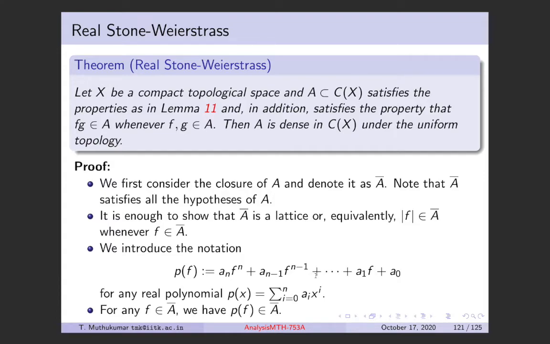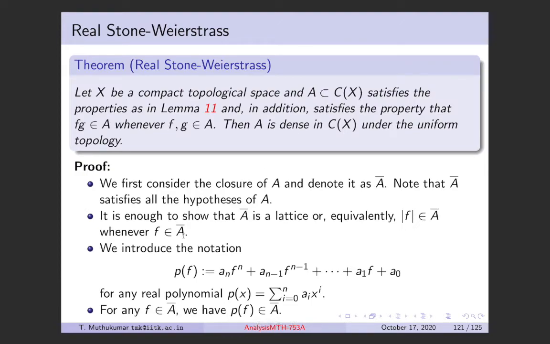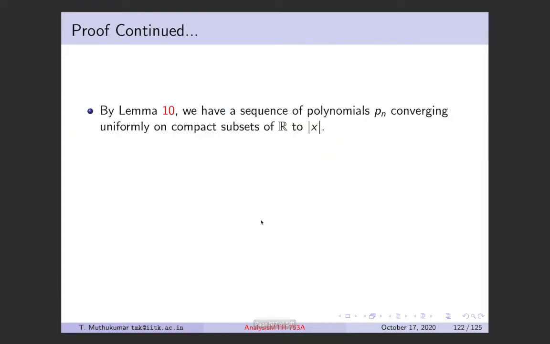Now by lemma 10, which is where we showed that we have polynomials uniformly converging on compact sets to mod x, right? So here we need to show mod f belongs to A bar. So f belongs to A bar, we have p(f) belongs to A bar, and we have these polynomials which converge to mod x. So you can think of mod f as a composition, f composed with the mod function.